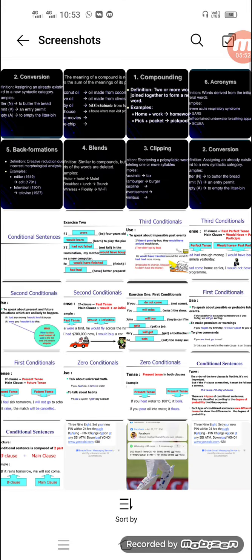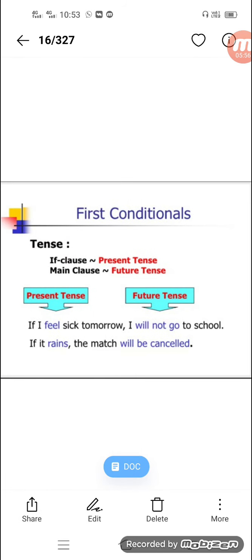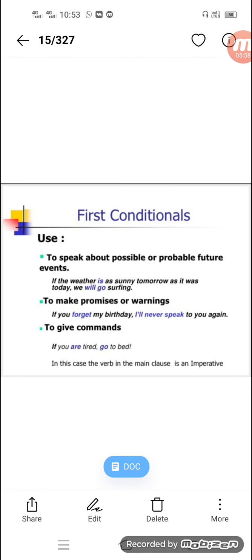Now let us see the structure of the use of first conditional. To speak about possible or probable future events. In these sentences we can see that the condition is fulfilled. Here the condition is possible, okay, or the condition is probable.